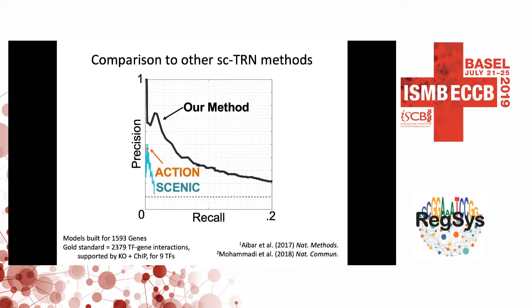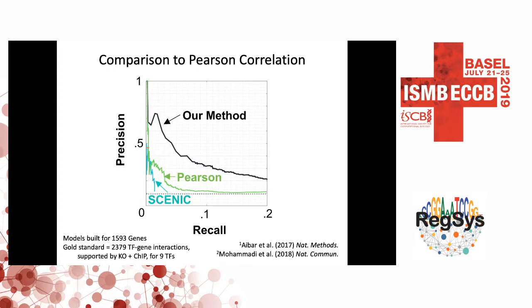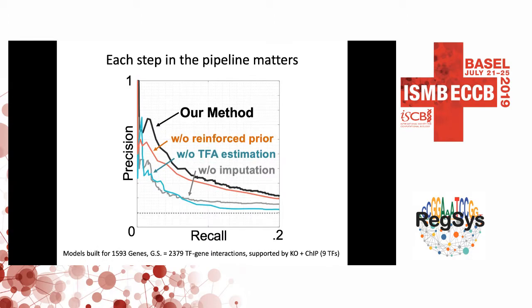And so we were able to compare our single-cell transcriptional regulatory network inference method to 2 existing methods, both of which wisely use prior information. And as you can see, the methods that I described do lead to a boost in performance. And we also compared to Pearson correlation, which came up this morning, and we outcompete that as well.